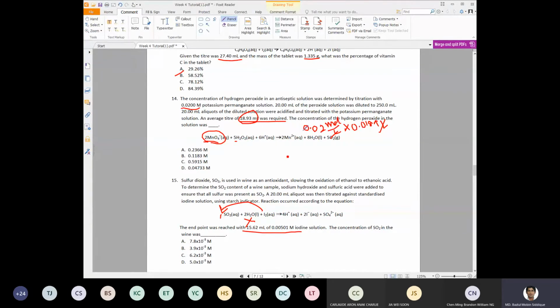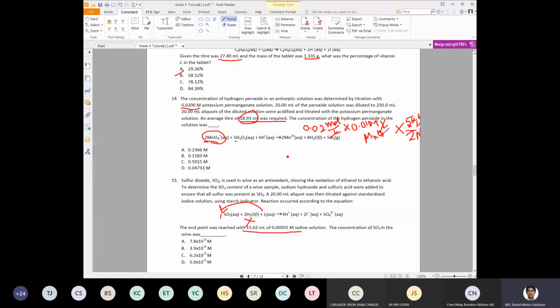So if this is the number of moles, then how many moles will there be? We multiply this number of moles by 5/2, because it is a 5:2 reaction. If we put in the units, it is even easier: 5 moles of hydrogen peroxide, H2O2, and 2 moles of permanganate, MnO4.